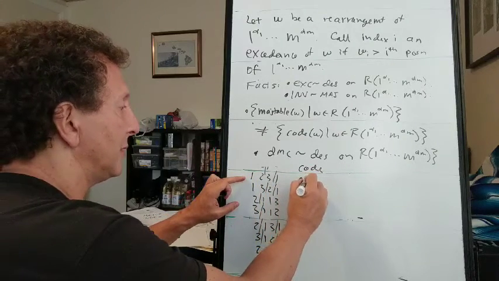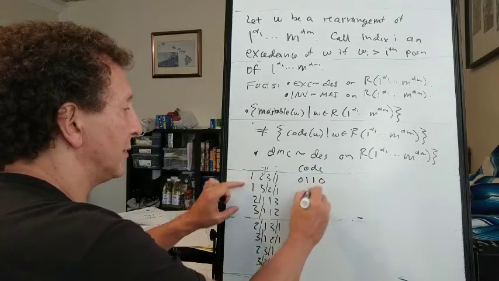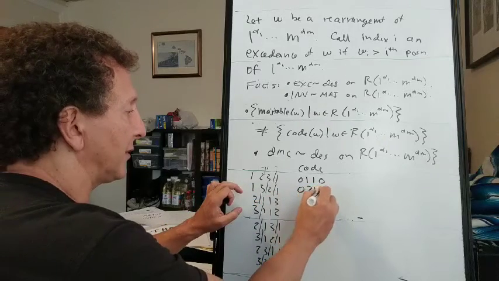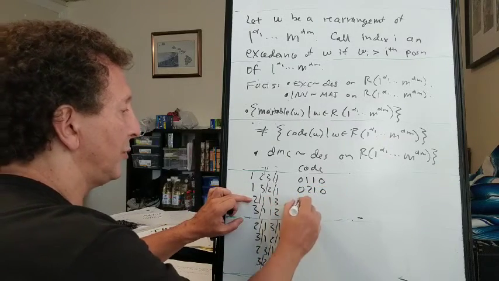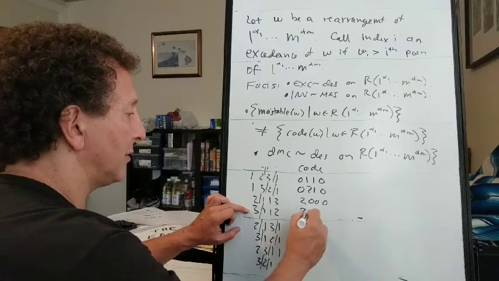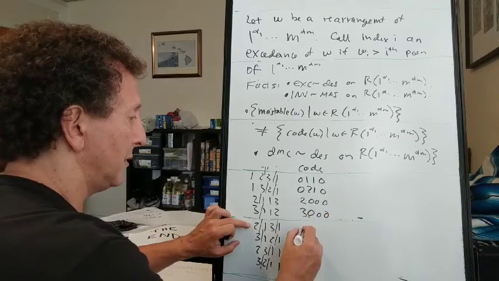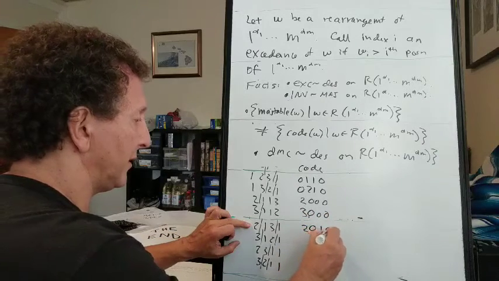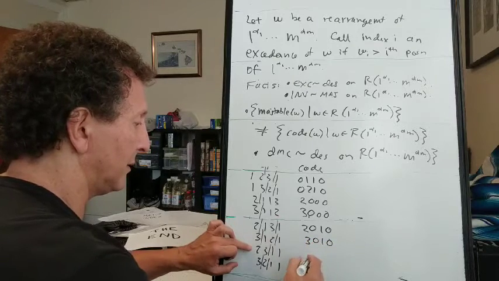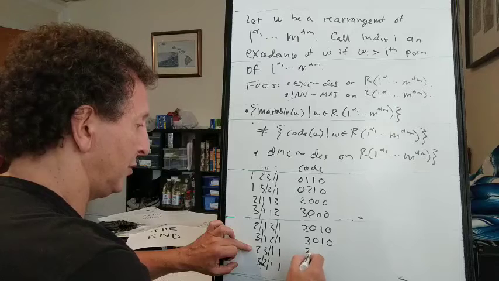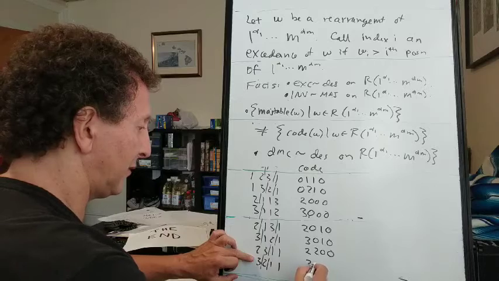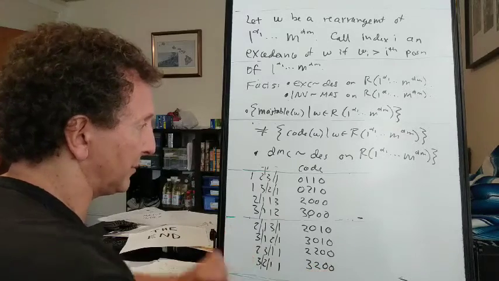So this would be 0, 1, 1, 0. 0, 2 things to the right and smaller, 1 thing to the right and smaller. 2 things to the right and smaller, 0, 0, 0. 3 things to the right and smaller, 0, 0, 0. 2 things, 0, 1 thing, 0. 3 things, 0, 1 thing, 0. 2, 2, 0, 0. And finally, 3 things to the right, 2 things to the right and smaller, 0, 0.